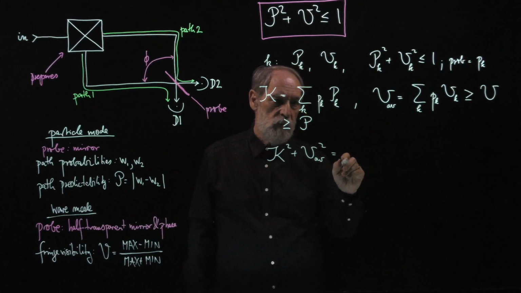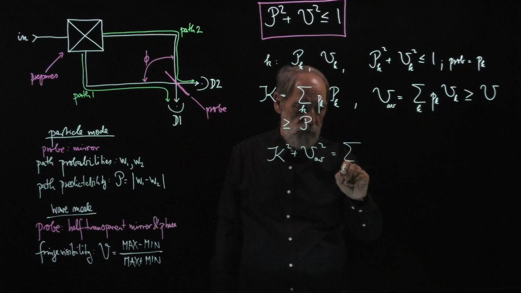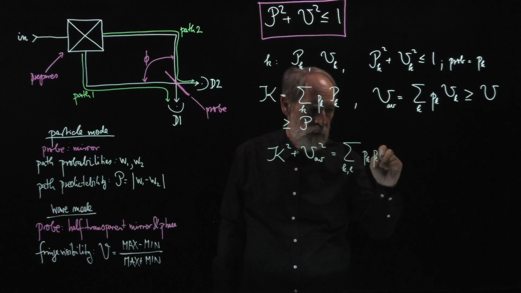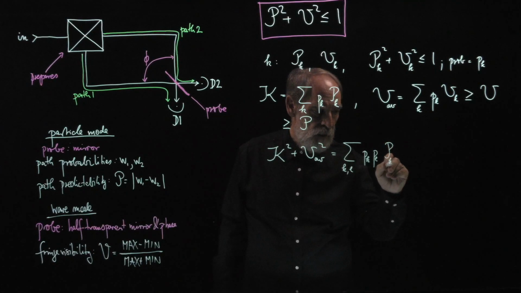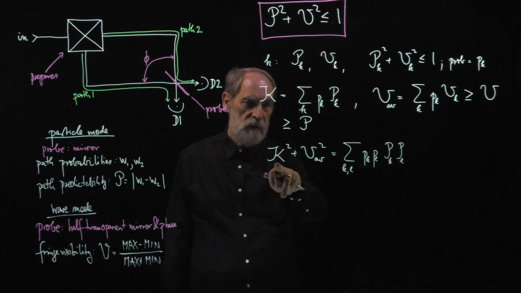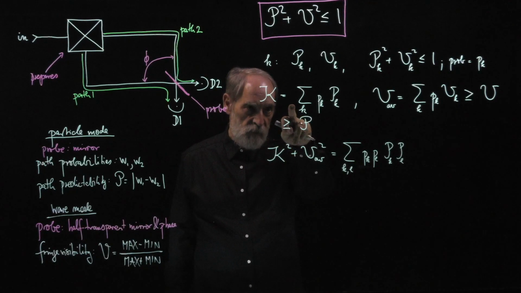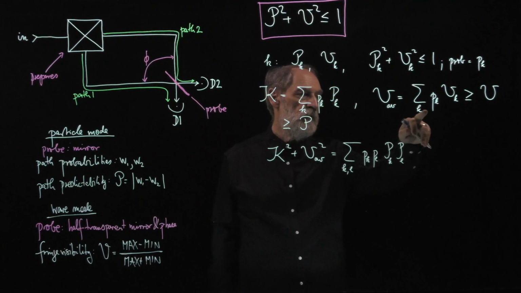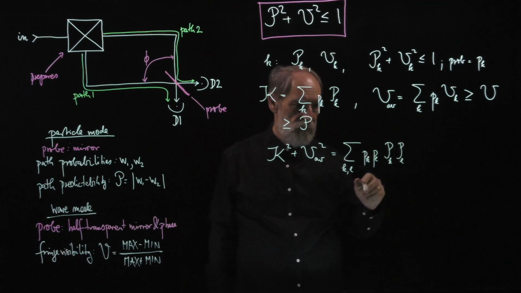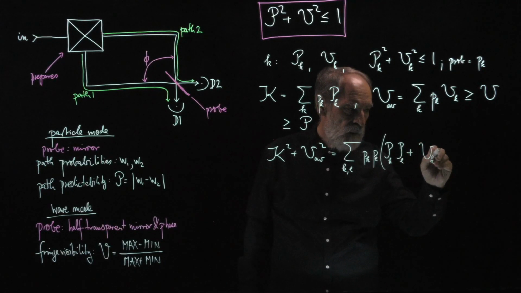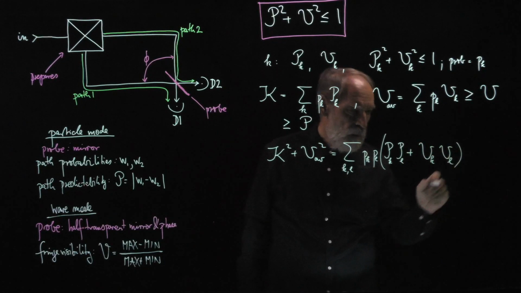That is equal to the sum, and now let me write k, l, pk, pl, predictability k, predictability l. So this double sum is the square of K. And then we have a similar double sum for the square of the average visibility. So we have another term, which is vk vl.